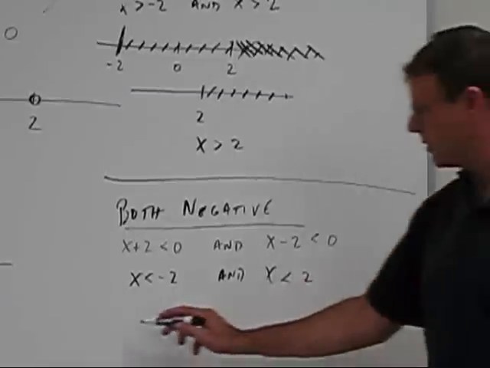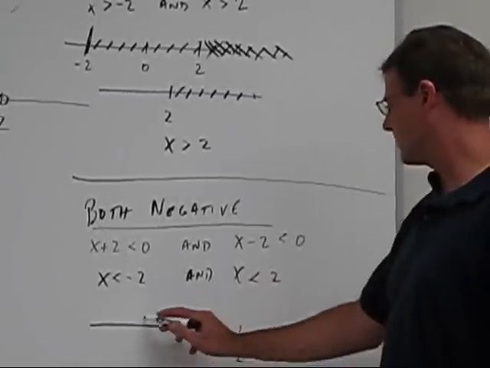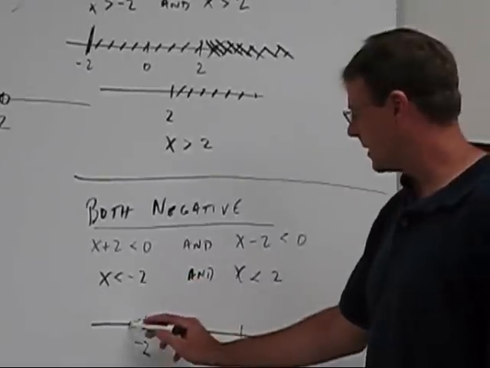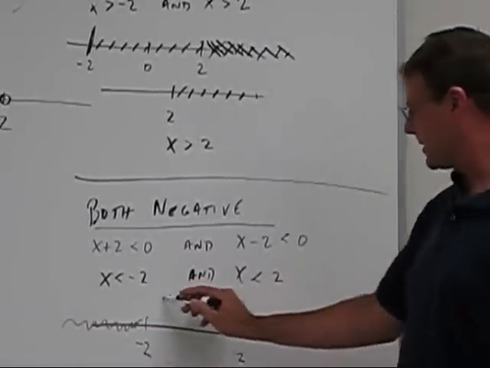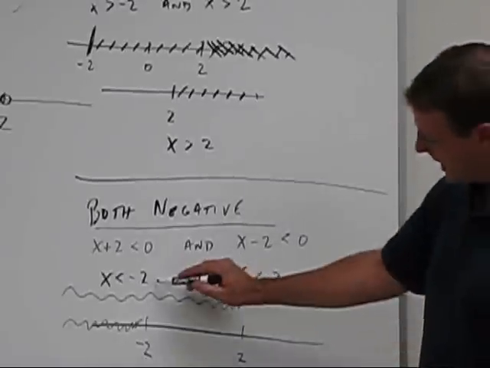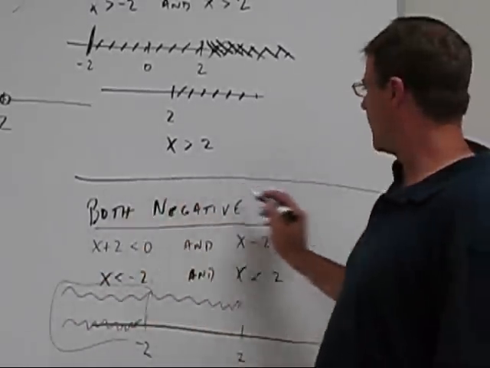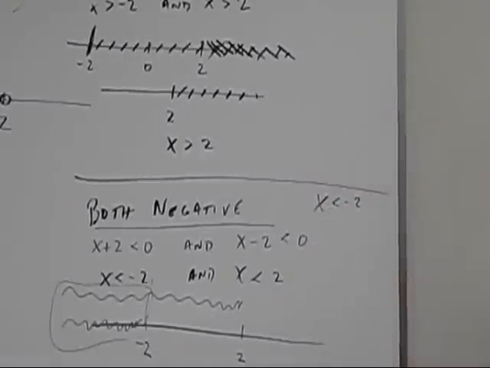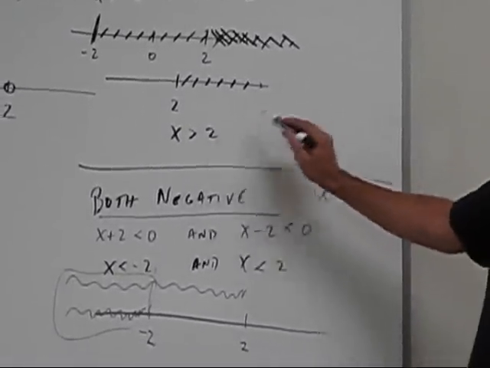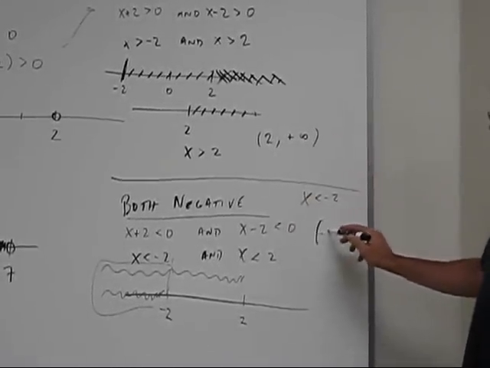How do we get both of those at the same time? This is that one, and x less than 2 is all of this stuff. Where do they overlap? Right here. So that is x less than negative 2. And we can depict that in an interval as 2 to positive infinity, and here it's negative infinity to negative 2.